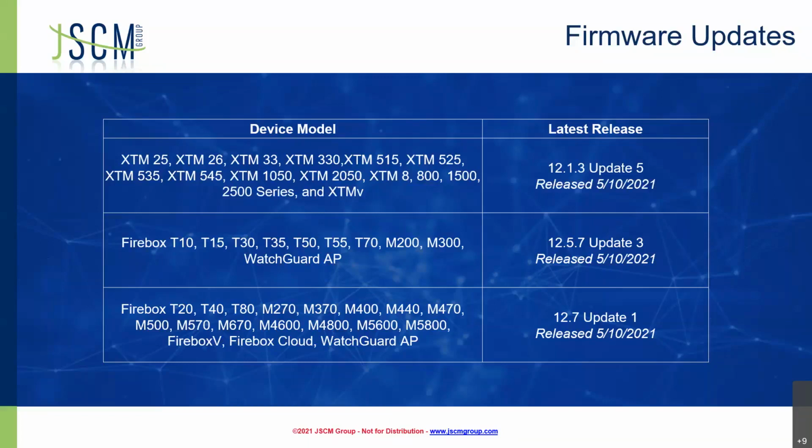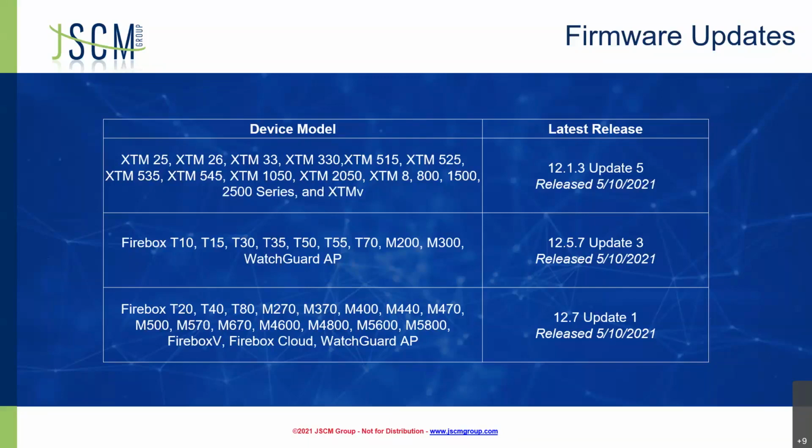And just in case you are not aware, when it comes to updates, when you're seeing things like Update 5, Update 3, Update 1, those are purely patches for that firmware version. In general, we typically wait until there is a first update on a new firmware release. So for things like 12.7, especially because it was a big jump, we wanted to make sure that we have that 12.7 Update 1. So we are testing that. So far, everything looks good.